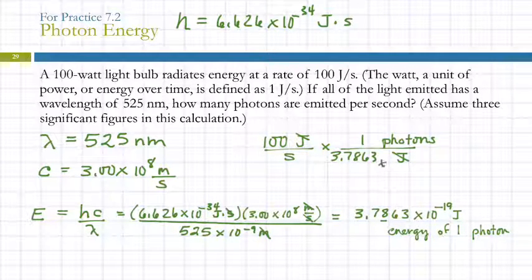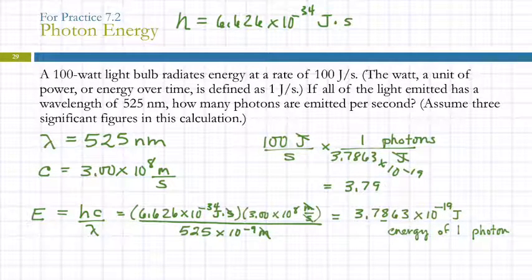1 photon for 3.7863, ran out of room, times 10 to the minus 19 joules. This is going to give me photons per second. So 100 times, this is going to give me an answer of, I'm going to round it now, 3.79 times 10 to the, no, I did that wrong.